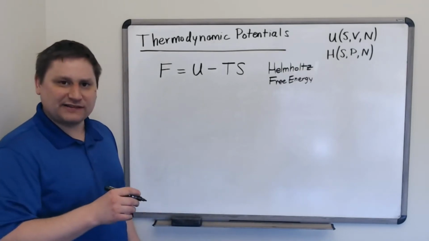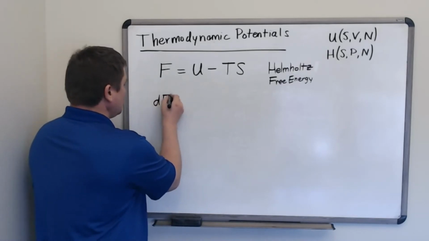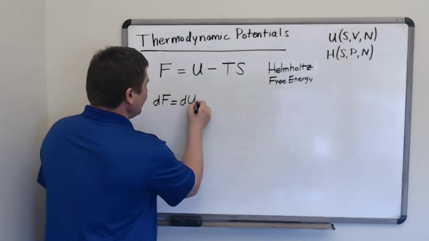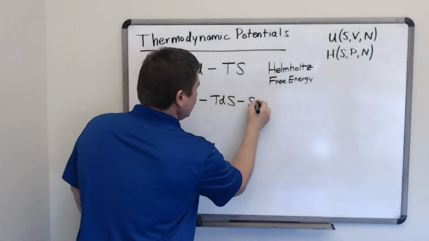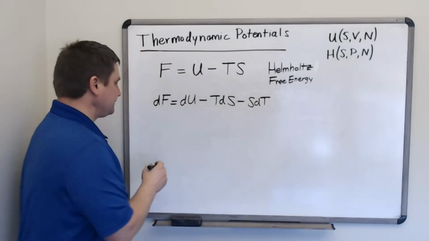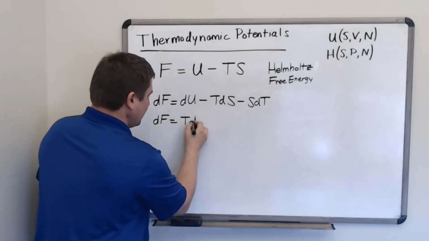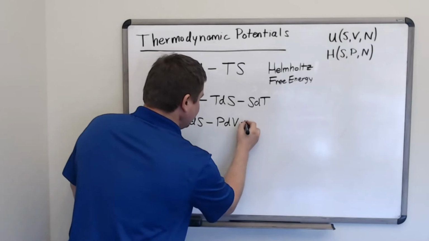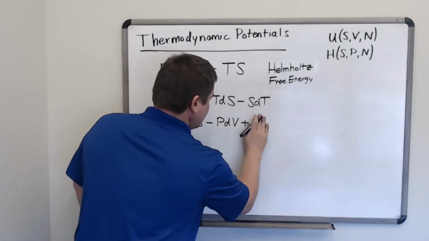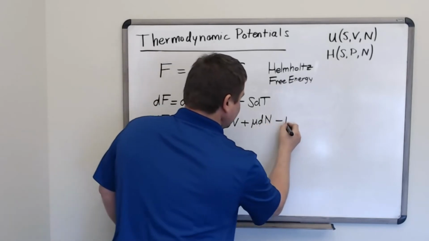Let's work out explicitly the Helmholtz free energy differential using the fundamental thermodynamic identity combined with the product rule. I'm substituting in the fundamental thermodynamic identity and continuing to write the product rule here.